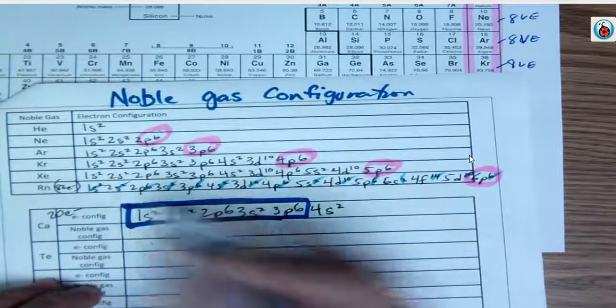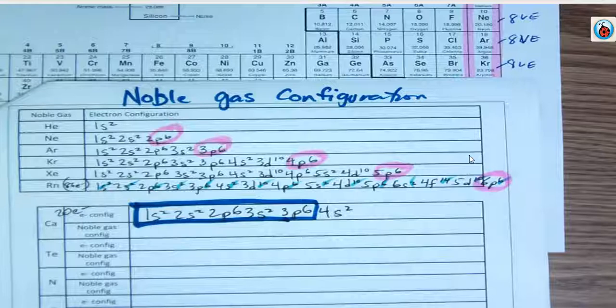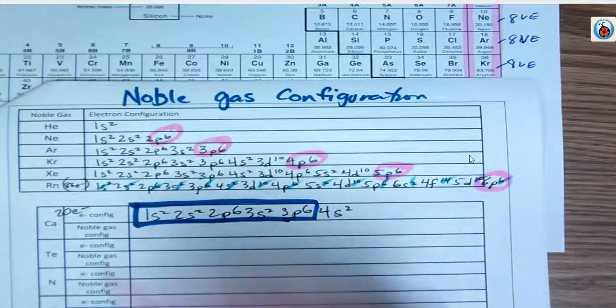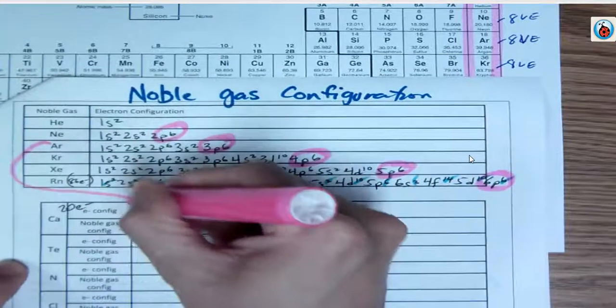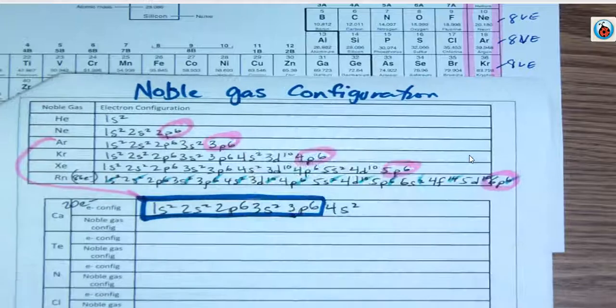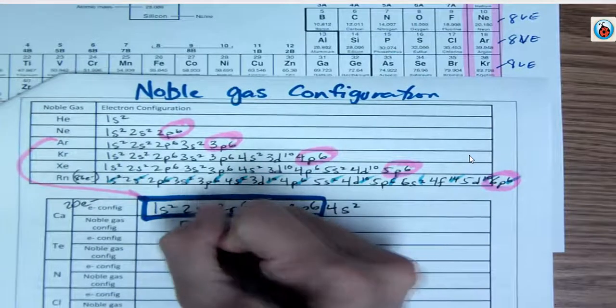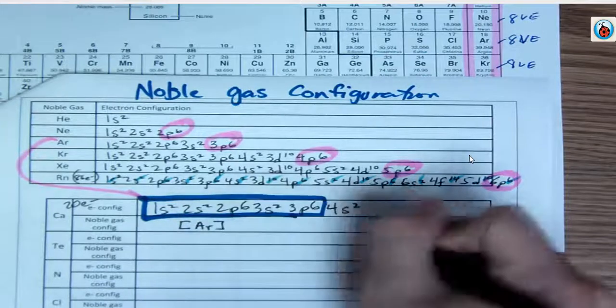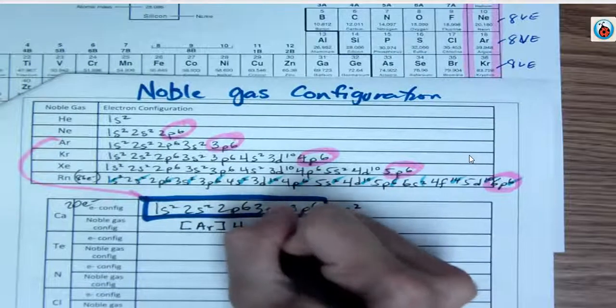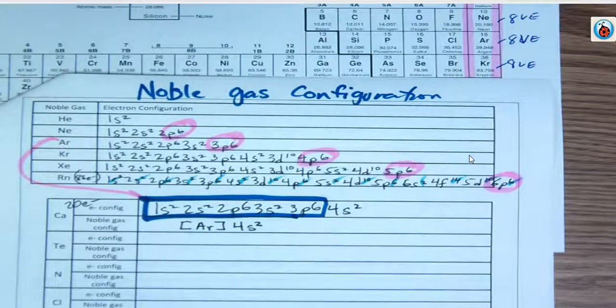What is that? 1s2, 2s2, 2p6, 3s2, 3p6. And that is actually argon. If you check argon, it looks exactly the same as that. So for noble gas configuration, you can write argon, the gas, and then just tag on 4s2 after argon, and you have your noble gas configuration.